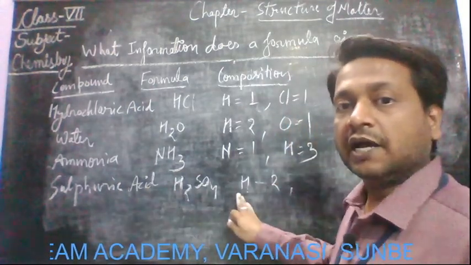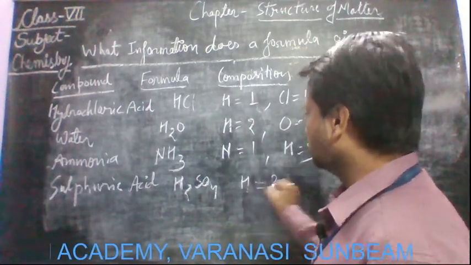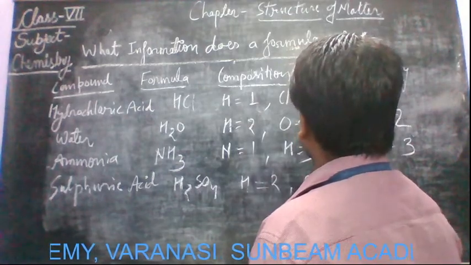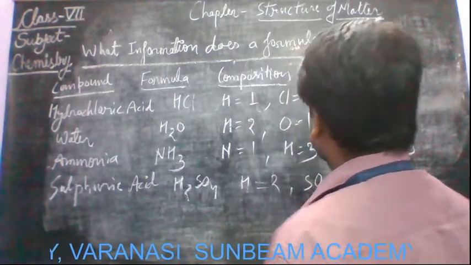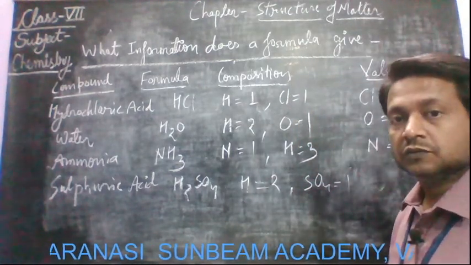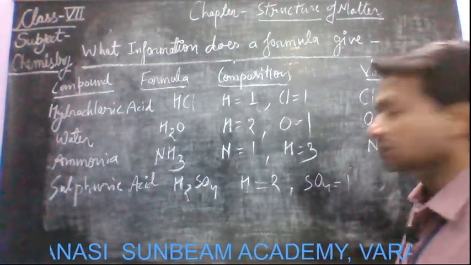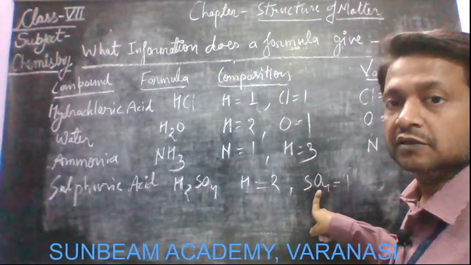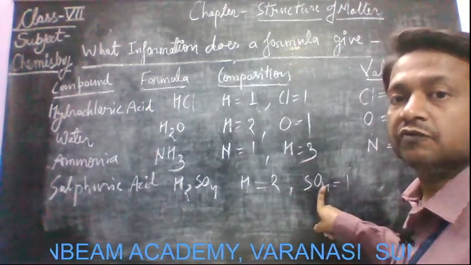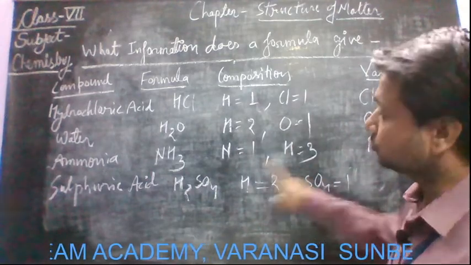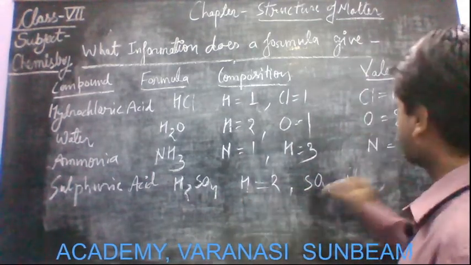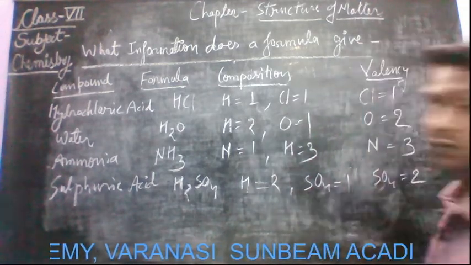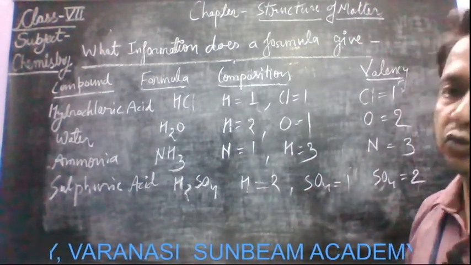So the hydrogen atoms are 2 and the sulfate group is 1. So we can say that the valency of this sulfate group, or sulfate, means the one molecule of sulfate is going to join with two atoms of hydrogen. So valency of sulfate will be 2.